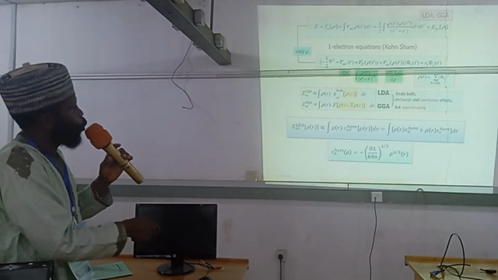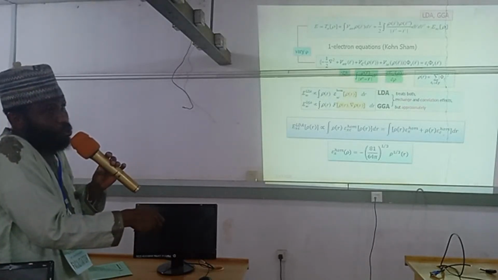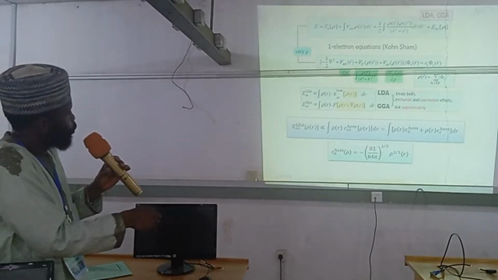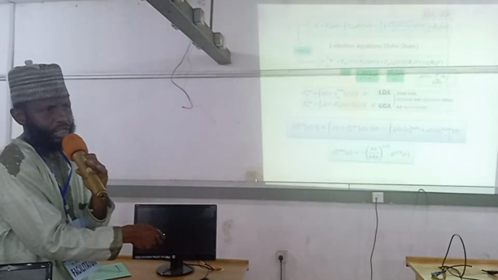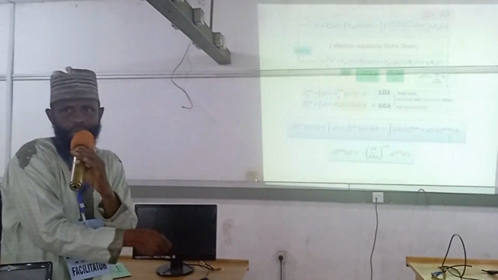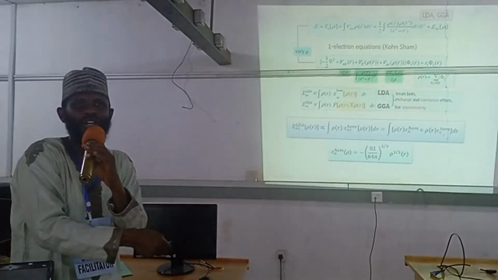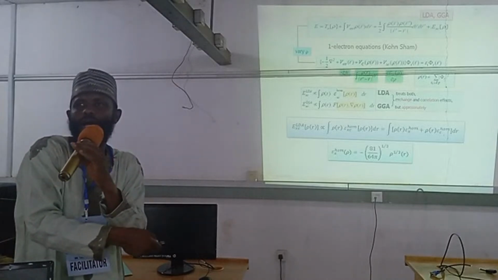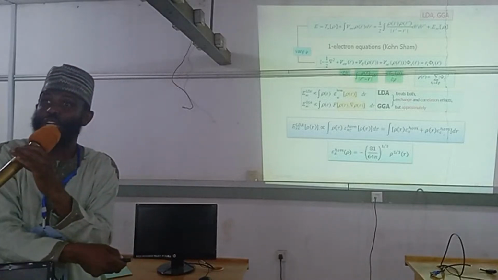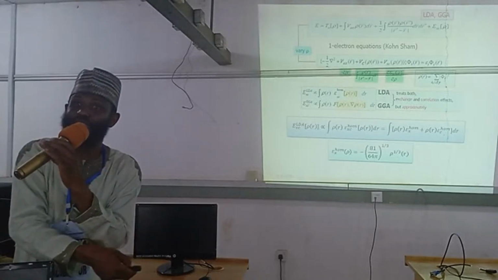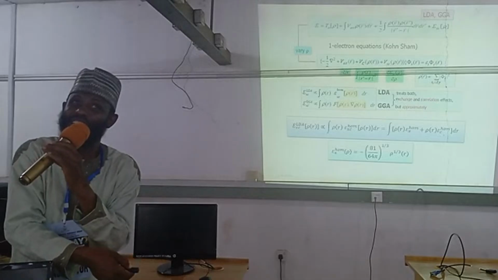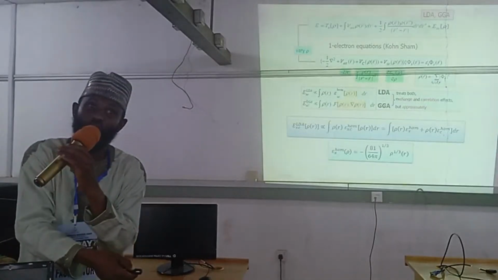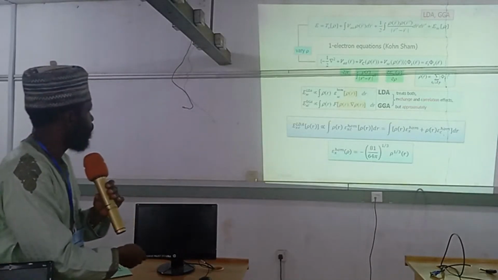And so for you to get a better approximation, now you have to use GGA. As I will show in the next slide, not all materials behave alike. This functional is different from material to material. Some materials you can handle with GGA, some you cannot, and with LDA you may get better results.